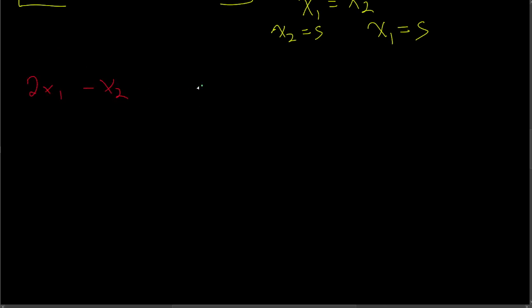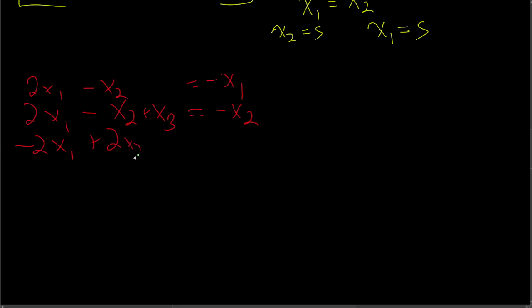2x1 minus x2 equals -x1. Sorry, I'm really triple checking my signs here. 2x1 minus x2 plus x3 equals -x2, -2x1 plus 2x2 plus x3 equals -x3.